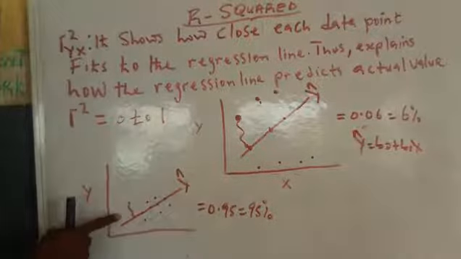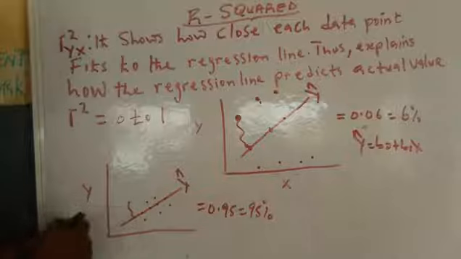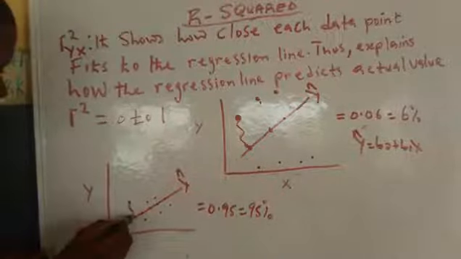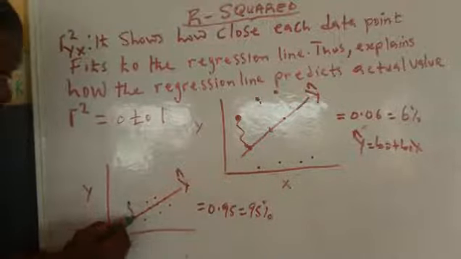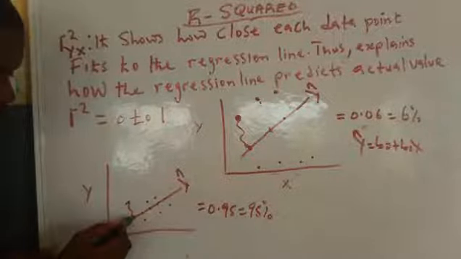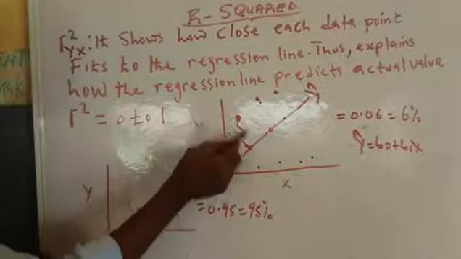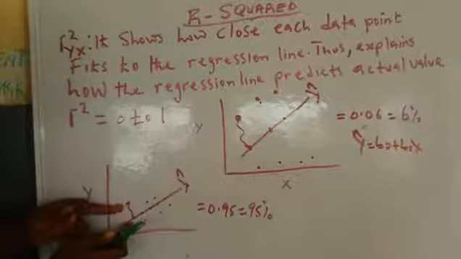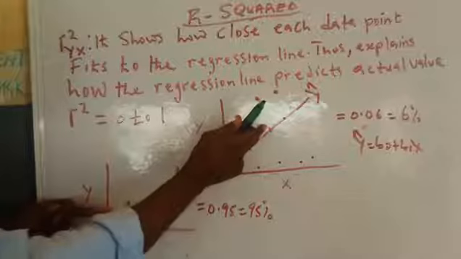Look at what I have here. If you look at the deviation here, this is the observation to the regression line. Then you compare it to the data point to the regression line here. You see that this is closer to the regression line than this.